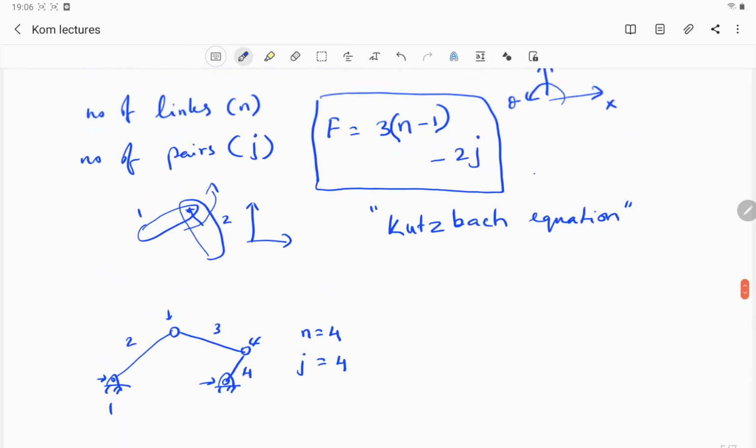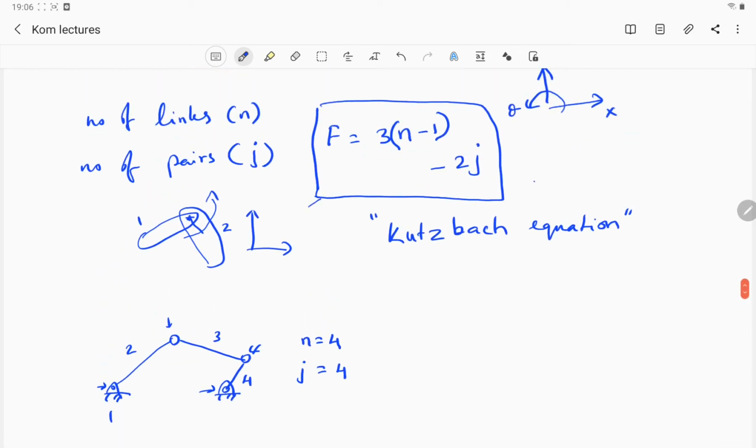Now let's use this equation. So f is equal to 3 into 4 minus 1 minus 2 into 4, which is equal to 1.